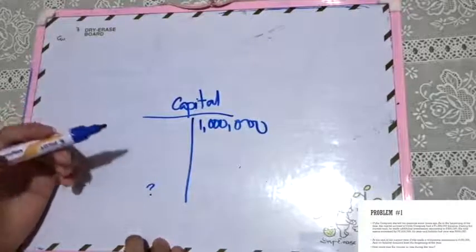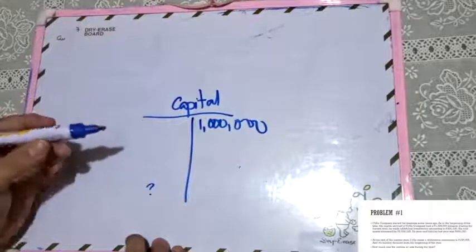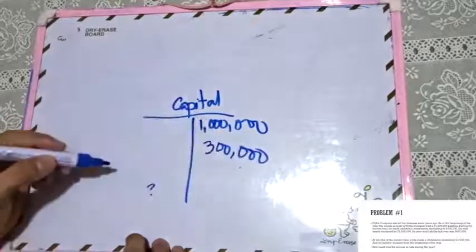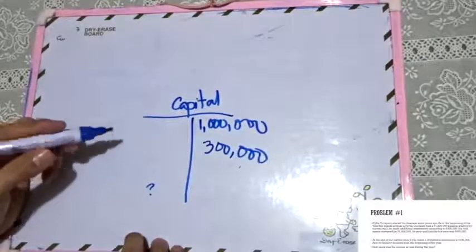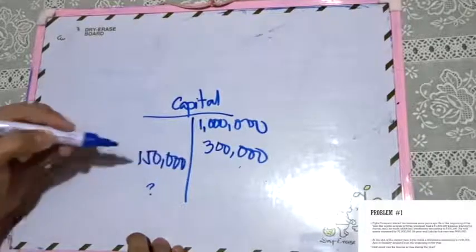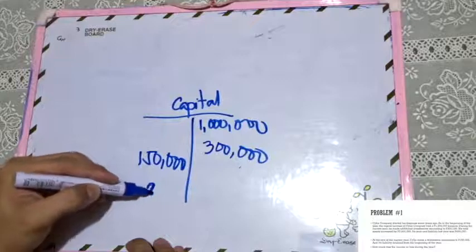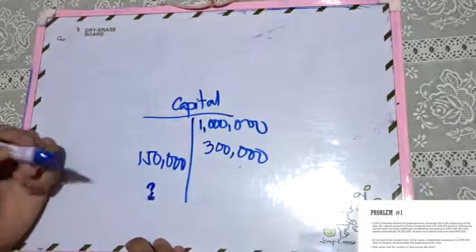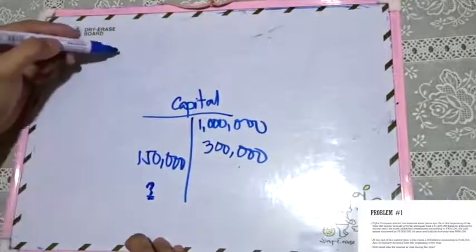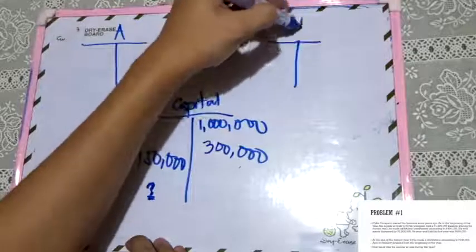Additional information you have is the additional investment made amounting to 300,000 and the withdrawal at the end of the year amounting to 150,000. So before we can determine the income or loss, we should determine first the ending balance of the capital account. And we can do that by referring to the other T accounts, assets and liabilities.